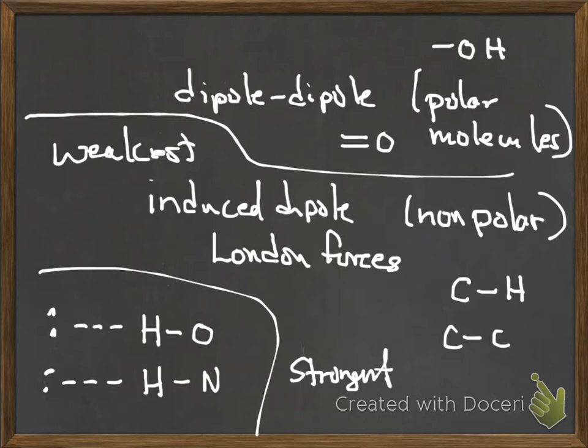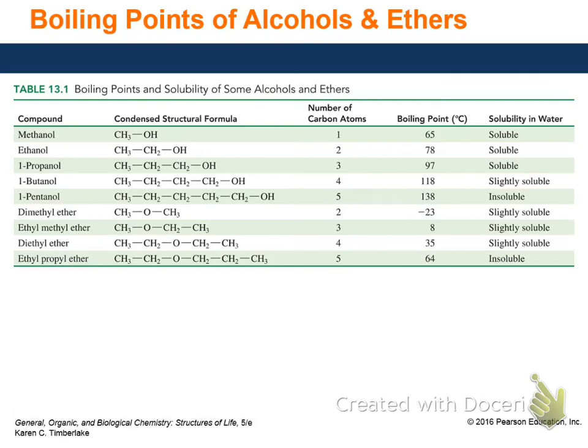Oh, no, wait. All molecules have induced dipoles, but not all of them have dipole-dipole or hydrogen bond. If you remember the discussion on induced dipole you might have gotten a long time ago, all it needs to have is electrons and protons to have an induced dipole, which is everything. And I can go over that in more detail if you need me to.